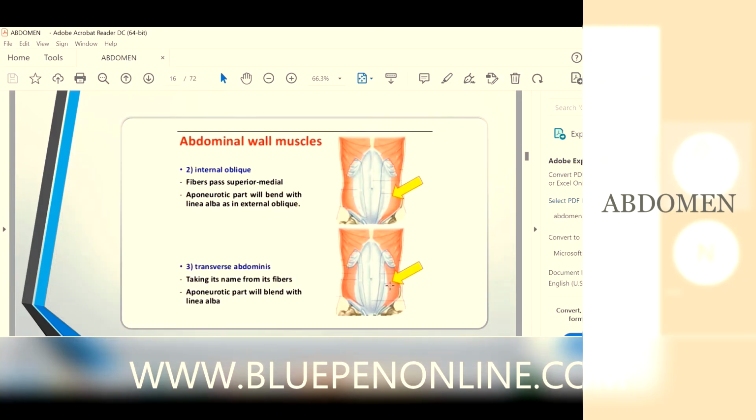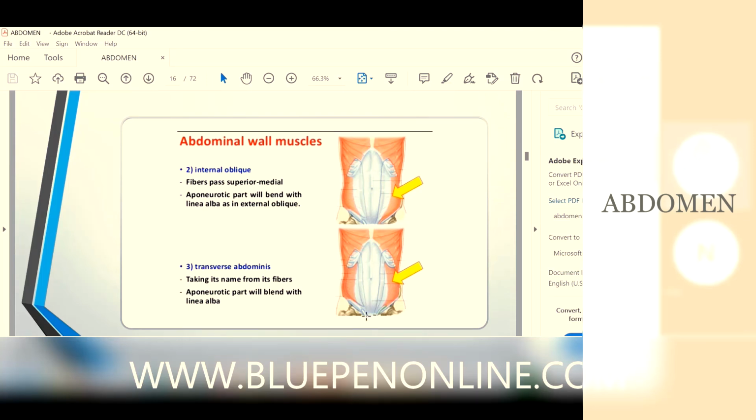After removing the external oblique, you can see the internal oblique. Here the fibers run superomedially, and the aponeurotic part blends with the linea alba. See, the central line is the linea alba. So this aponeurosis merges with the linea alba, as in the external oblique. And next here you can see the transversus abdominis.